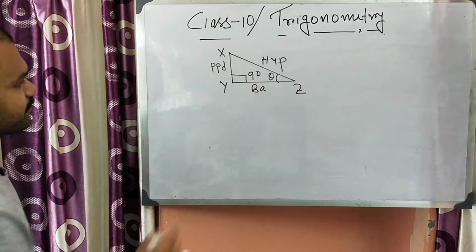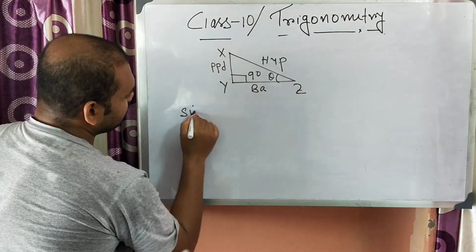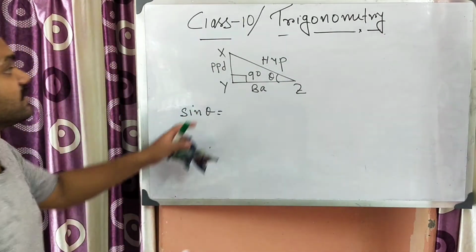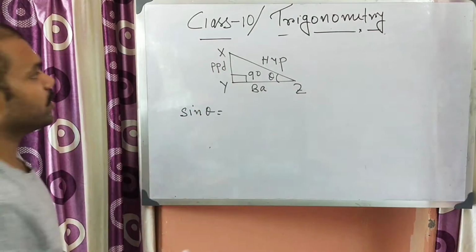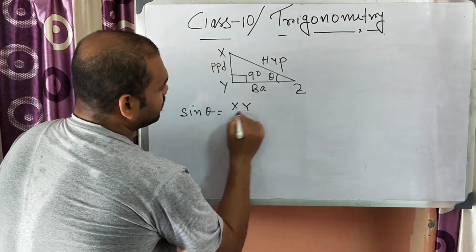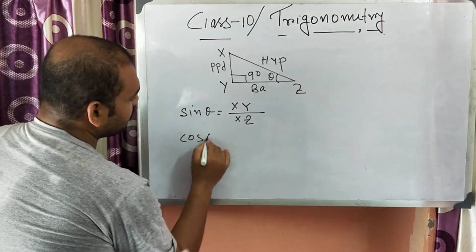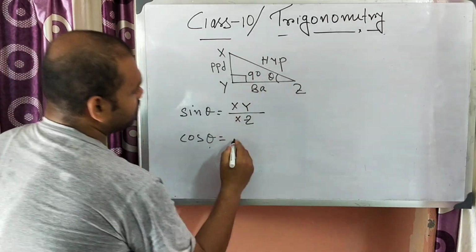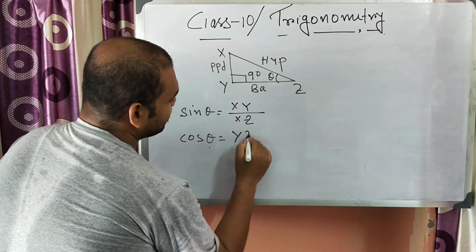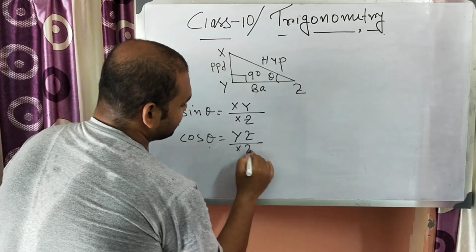What is the value of sin theta? Sin theta is the ratio of perpendicular and hypotenuse, so xy by xz. And cos theta is base by hypotenuse, so yz by xz.